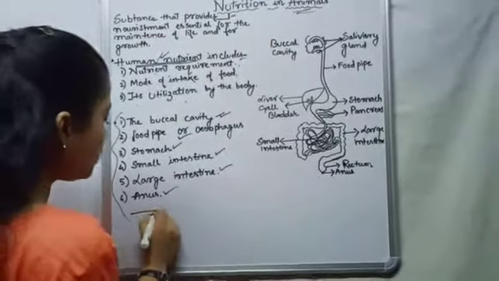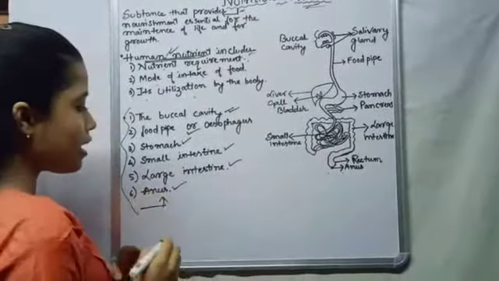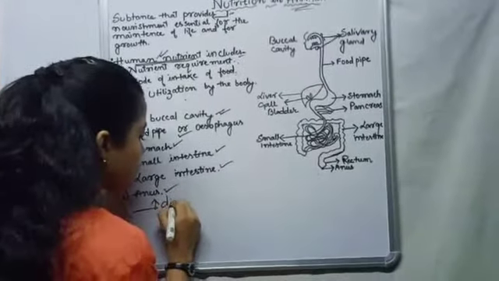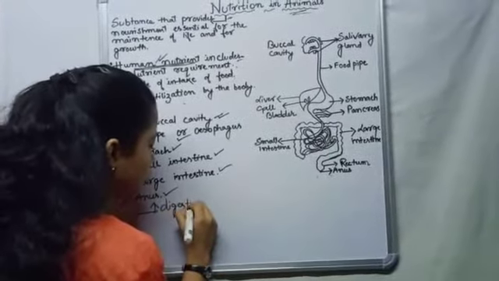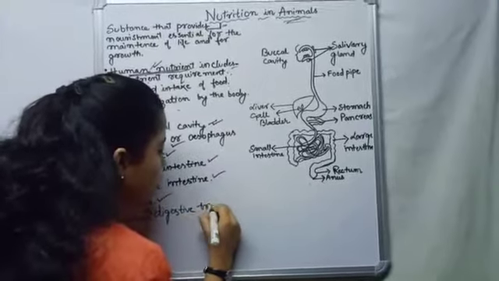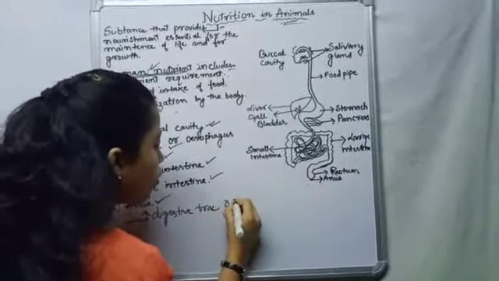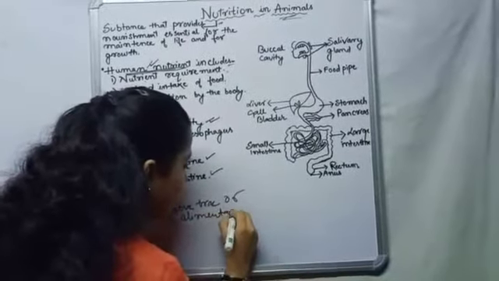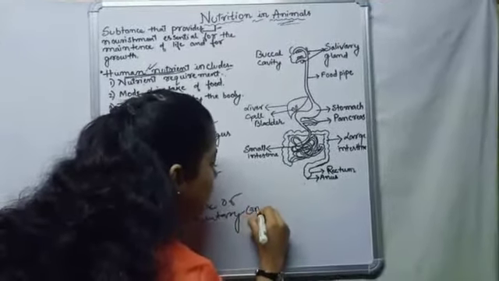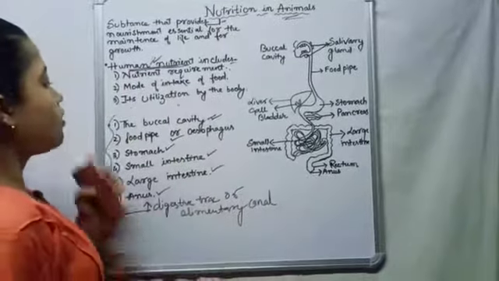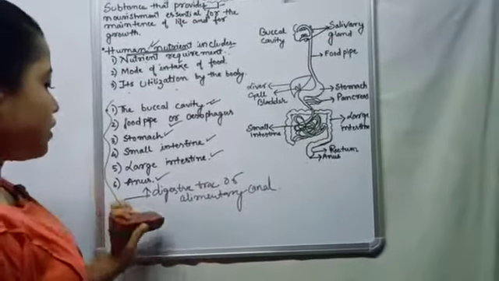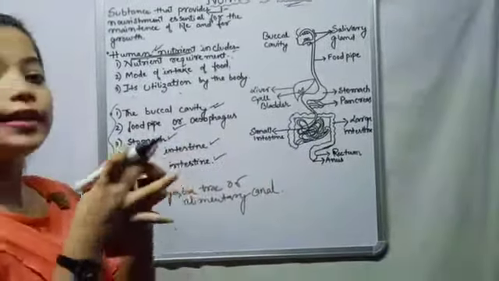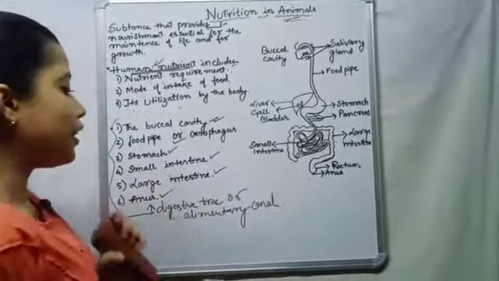These six things are jointly known as the digestive tract or alimentary canal.